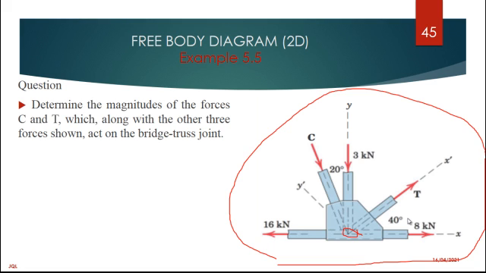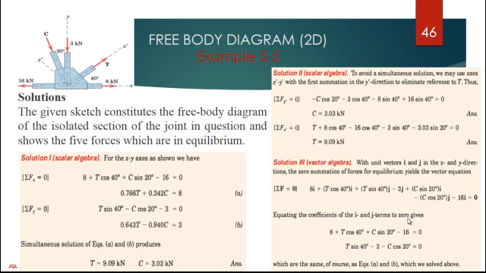Those are the only equations that you use to calculate your magnitude, your C and your T. So the solution: the given sketch constitutes a free body diagram of the isolated section of the joint in question and shows the 5 forces which are in equilibrium.